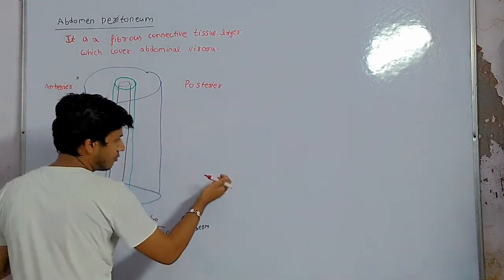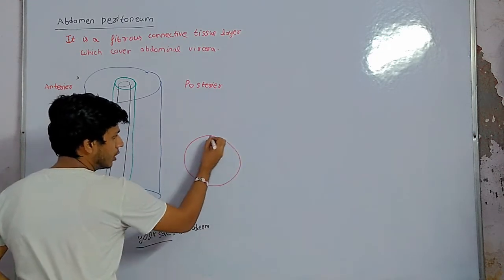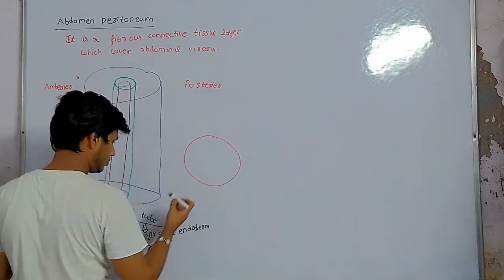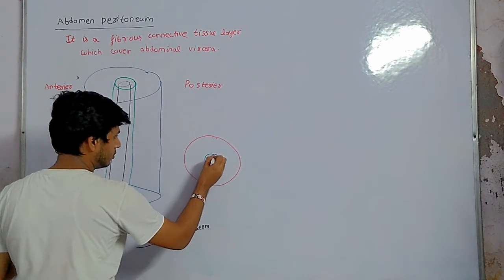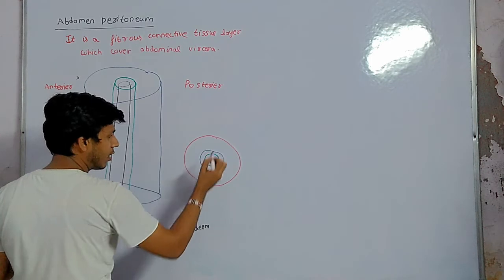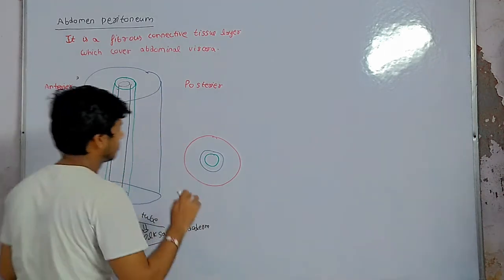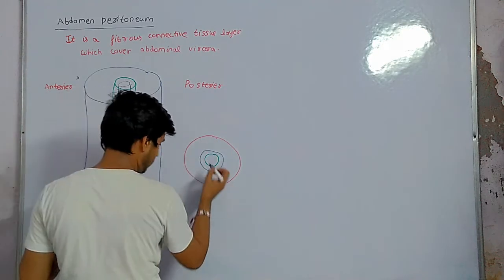We take a superior section. Let's say this is the outer covering of peritoneum. This is the gut. This is the inner layer of peritoneum. So how is it connected? It has many portions which connect.